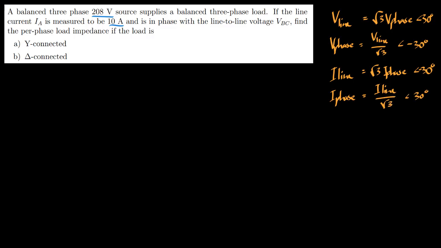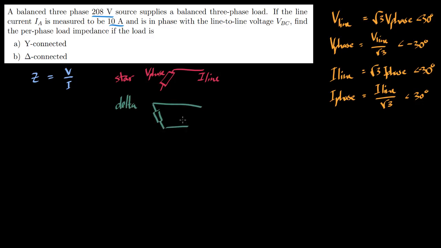Knowing Ohm's law, to find the per-phase load impedances, we must divide some voltage by some current. For the star-connected load, we'll need a phase voltage and a line current. For the delta-connected load, we'll need a line voltage and a phase current. Let's write them out over here.